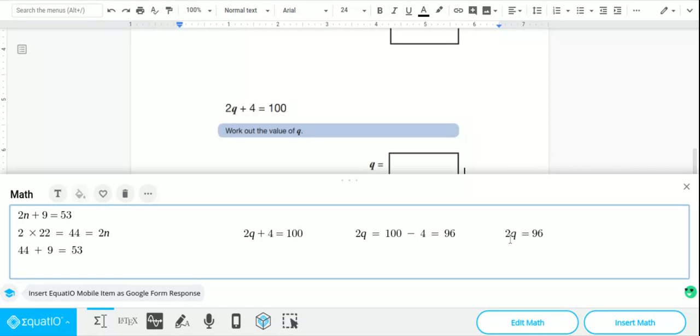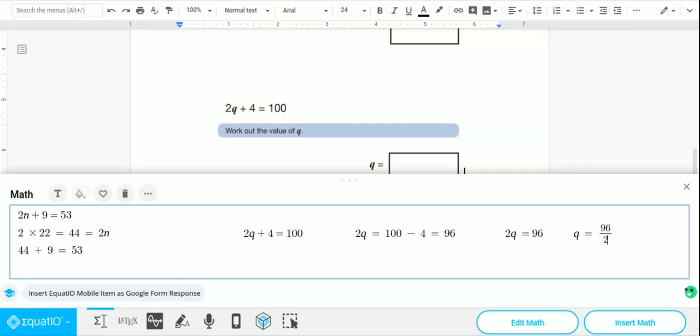Now I'm going to separate these two. So I'll leave q where it is. I'm going to take 2 to the other side, but this time it's times. So if it's times 2 times q, it becomes divide on the other side. So it'll be 96 divided by 2, and that will give you your answer.